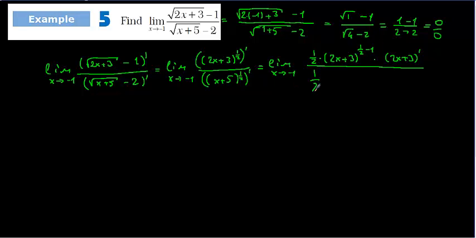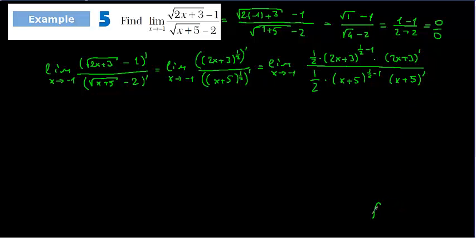And for this one, 1 over 2 x plus 5 to the power of 1 over 2 minus 1, sorry, I made a mistake here, it should be 1 over 2 minus 1 times x plus 5 derivative.